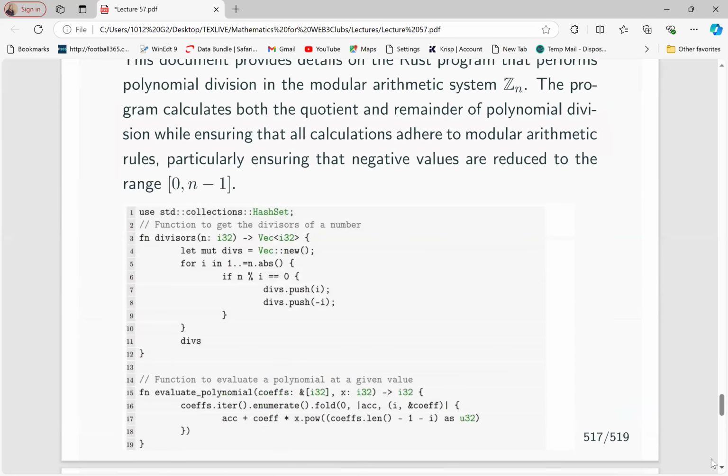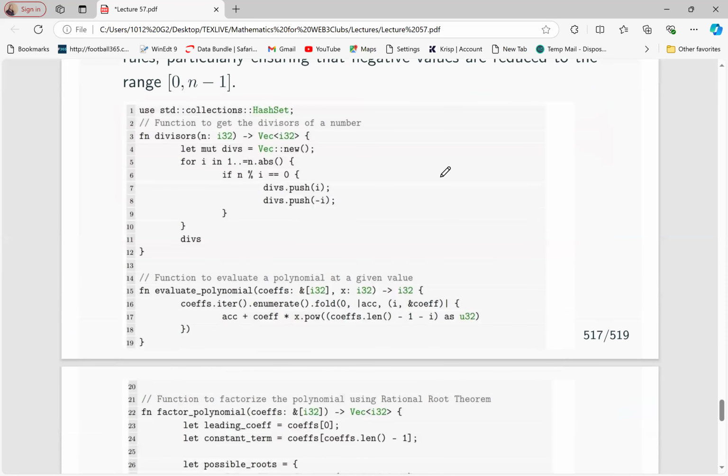Okay, I have our Rust code also for that.